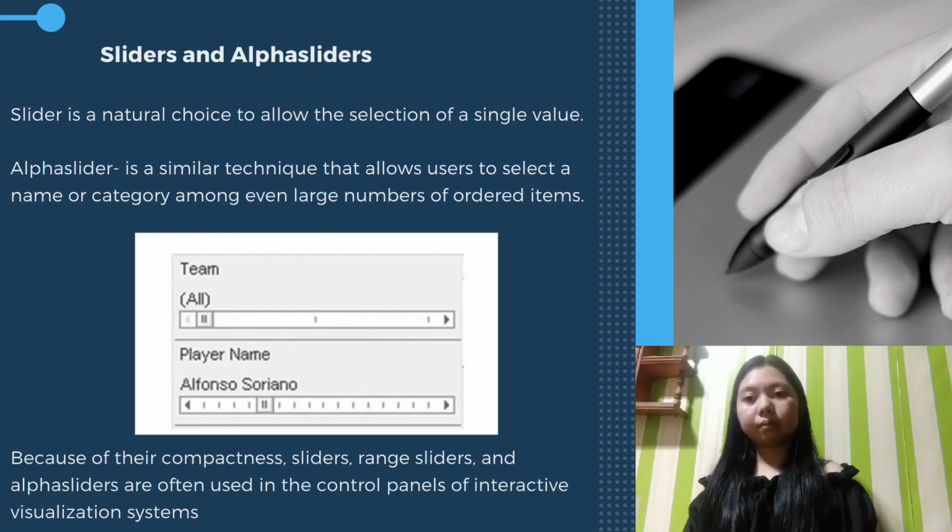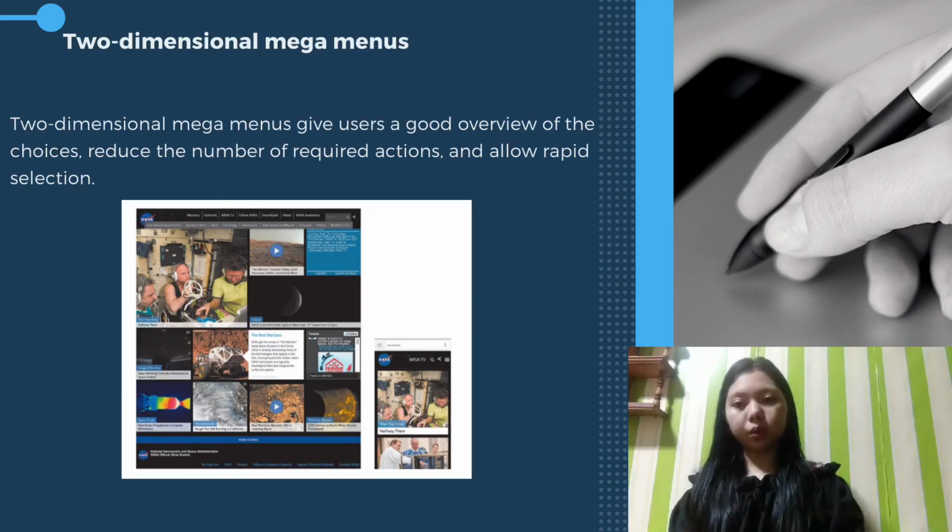Two-dimensional mega menus. Alternatively, menus that fill all the available space might be used. Two-dimensional mega menus give users a good overview of the choices, reduce the number of required actions, and allow rapid selection.